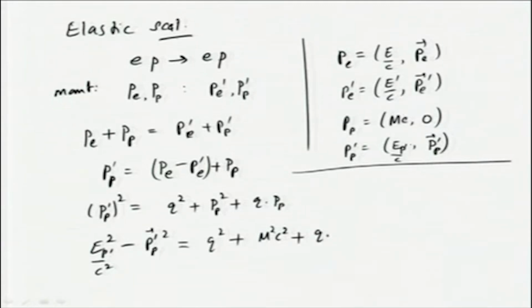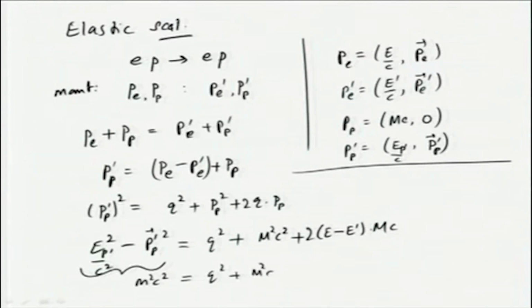So there is only the 0th component. Here q is basically E minus E prime, and this is twice this thing, so 2 times this into mass into c, and this is m²c² from the energy-momentum relation. M is the proton mass, equal to q² plus m²c² plus 2ν, where E minus E prime I denote by ν, times mc.